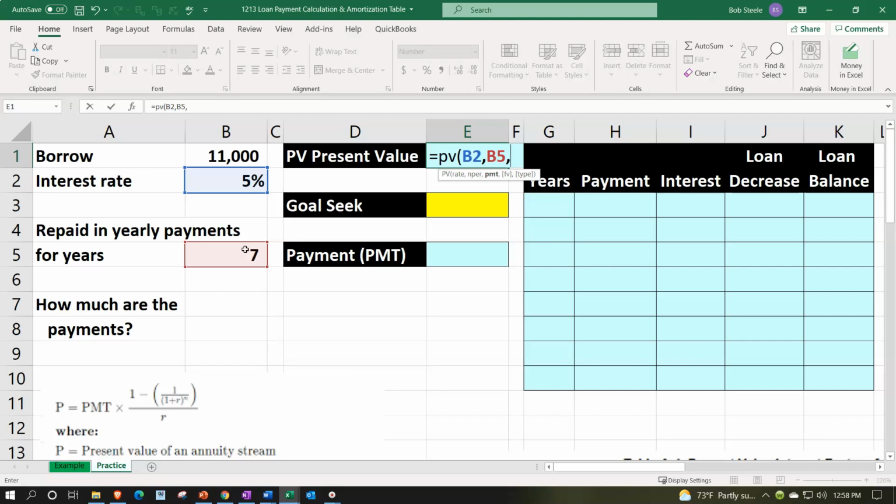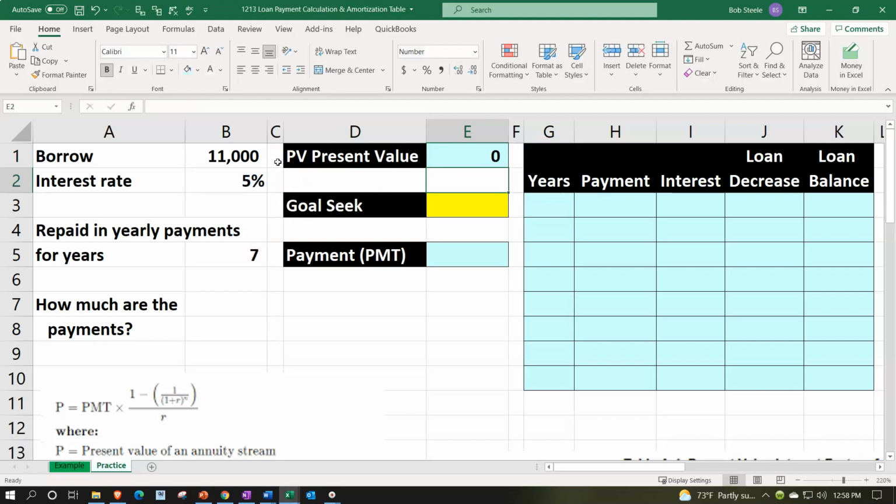So I'm going to put that in a cell down here as my unknown. And then the present value, the end result of this, we actually know should be the 11,000. That should be the starting point. So if I press enter here, we can back into it and use our goal seek.